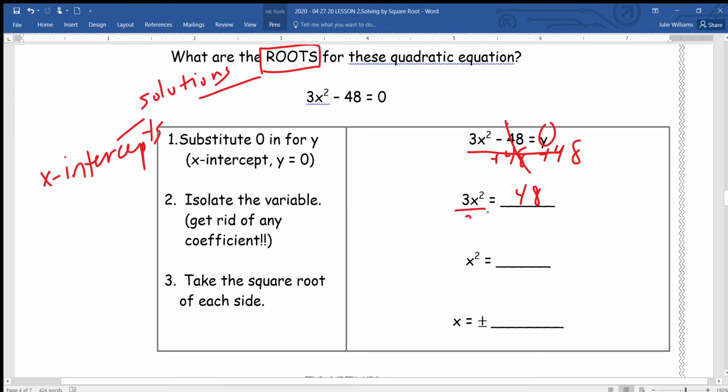So I divide both sides by 3. So x squared is equal to 16. So then take the square root of both sides. Square root of x squared is x, and the square root of 16 is plus or minus 4. So just one additional step embedded there.